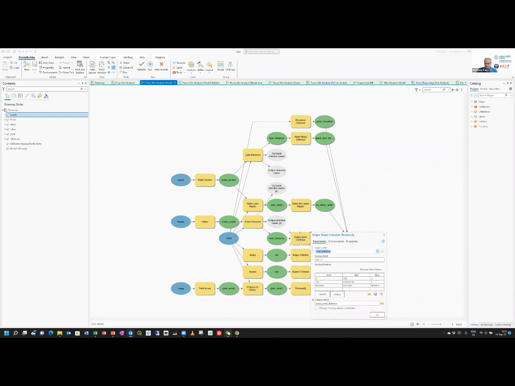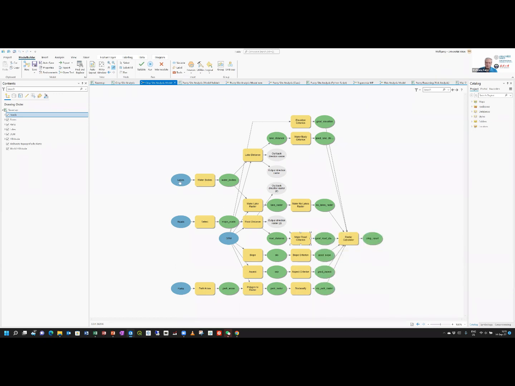And then we just define our criterion. We say everything in a distance from 0 to 300 meters is not okay, so we give it a value of 0, and everything more than 300 satisfies our criterion, not near a major road, so that gets a value of 1.